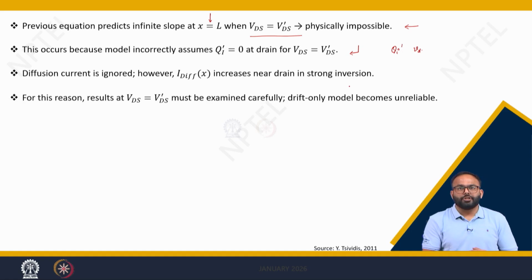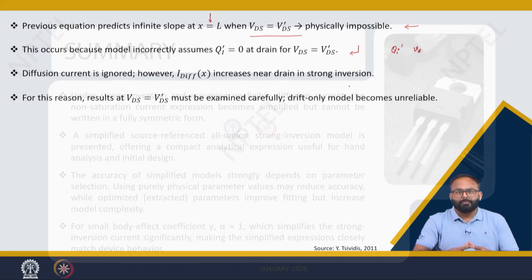Another limitation of this model is that it is not capturing the diffusion current. We have derived only the drift part of the equation, considering our device is in strong inversion.